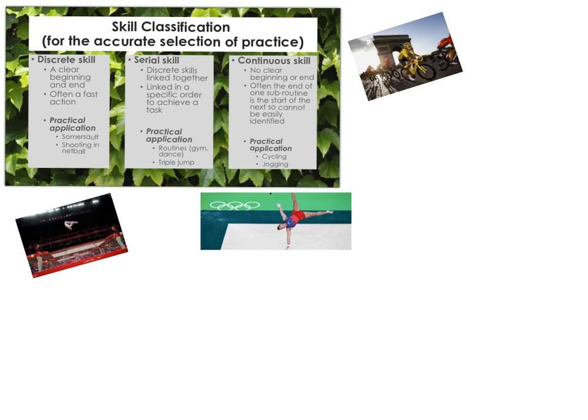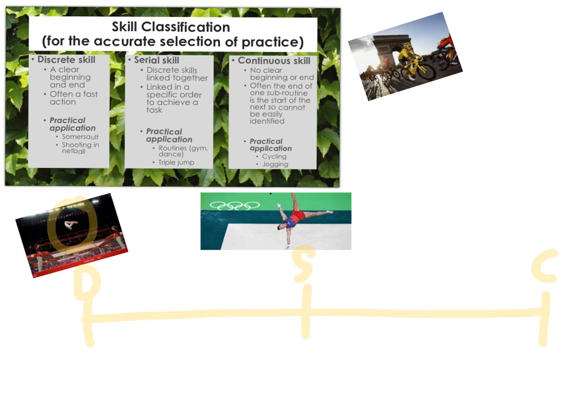Our final classification for the discrete, serial and continuous skills is exactly the same in terms of what the continuum looks like. So we've got your discrete, your continuous, and in the middle your serial skills. Your discrete skill was someone doing an activity that was difficult to break down, those fast ballistic actions with a clear beginning and end.